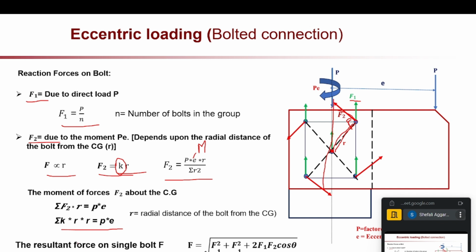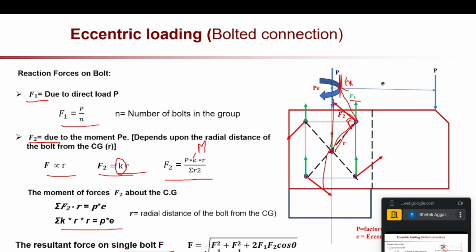Okay. And our resultant force will be given by the same. This F1 and F2 are at some angle, so the resultant force will be in between. This resultant force FR is given by under root of F1 square plus F2 square plus 2 F1 F2 cos theta.